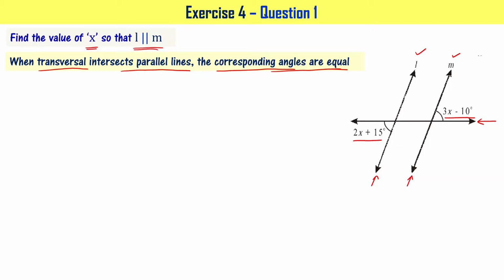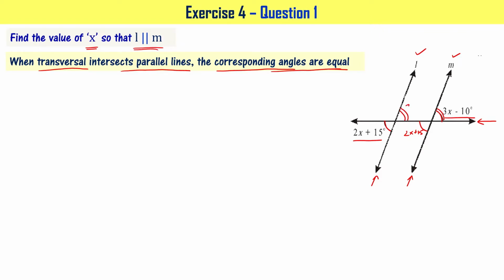First, we have to see. This particular angle, 2x plus 15, and this angle are corresponding angles. That's why let me write it as 2x plus 15, right? Now, this angle, 3x minus 10 degrees, and this particular angle are corresponding angles.